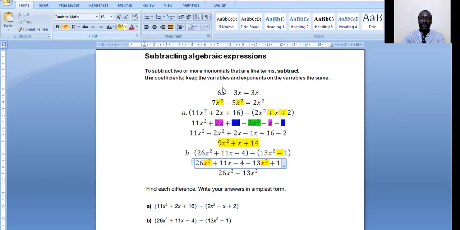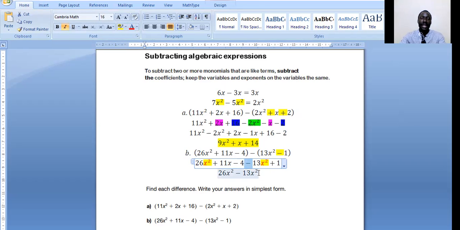You see that? So because we have x squared and x squared attached to them, we group them together. Putting them together means we are collecting like terms. When we do that, we don't leave the sign in front. We have to carry the sign in front together with it.